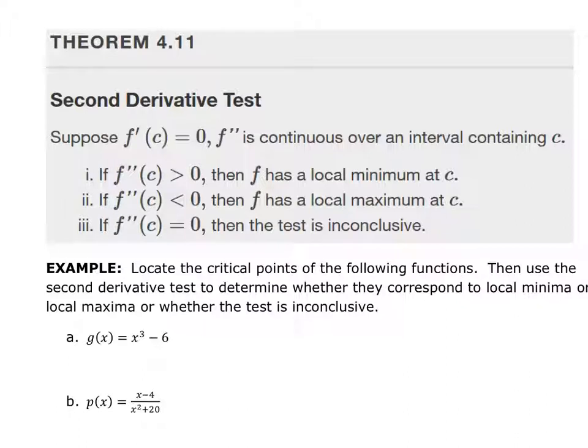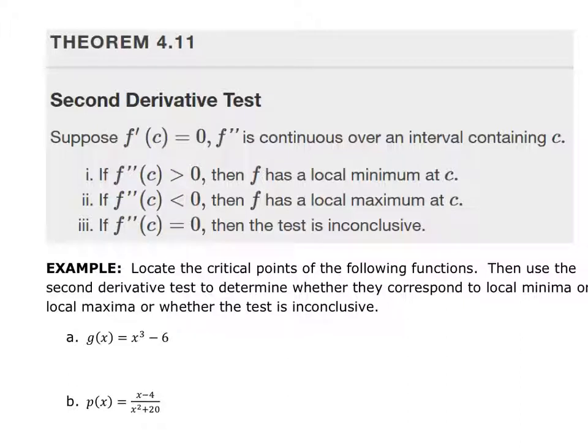So this allows us to look to see whether or not we have a maxima or minima. The first thing I have to do is locate my critical point. So I still have to take the first derivative, set it equal to 0, and solve. That hasn't changed. Then I do the second derivative, and those critical points I put into the second derivative. If it's greater than 0, then I have a minimum.